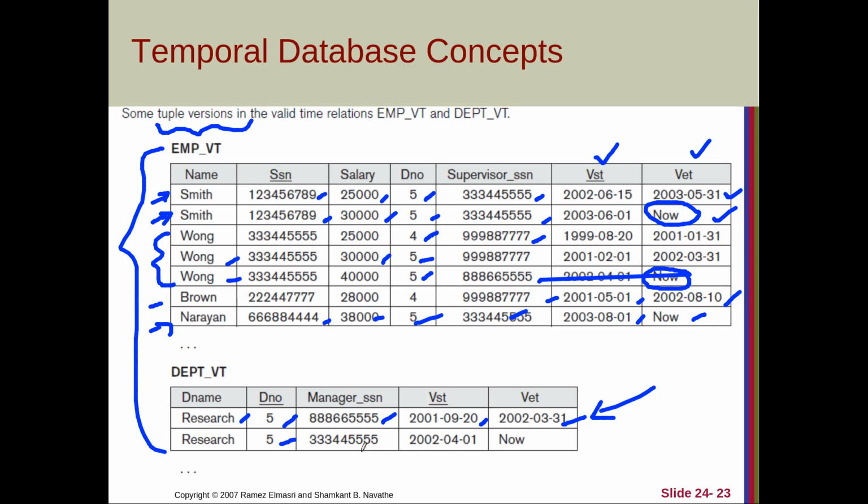That means the research department manager was changed and the new manager joined the organization from 1/4/2002 and currently he is the manager. That means this is the current version of the tuple for the research department, and this is the history version. During this period, 8866555 was the manager of department 5. From 1/4/2002 onwards, a new manager came into the research department. I hope it is clear.